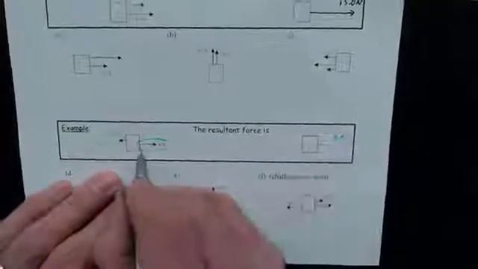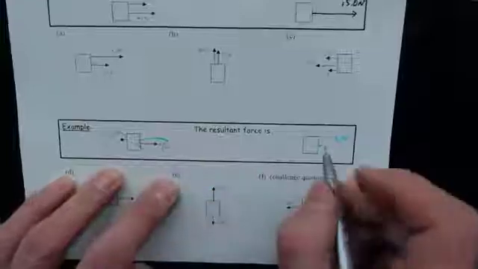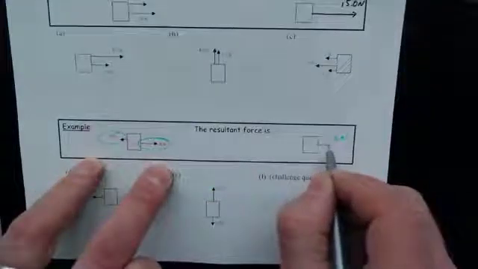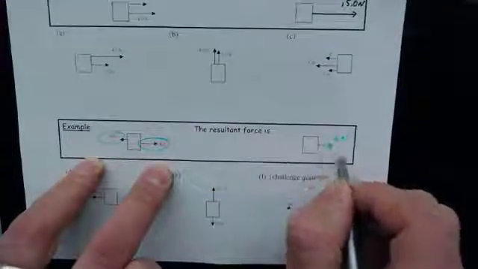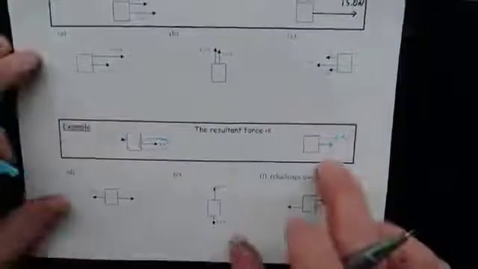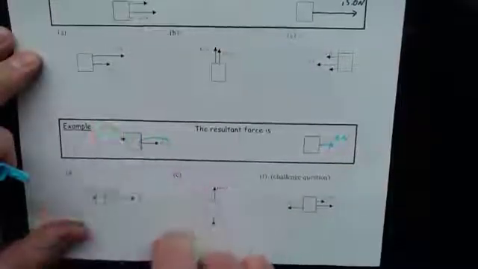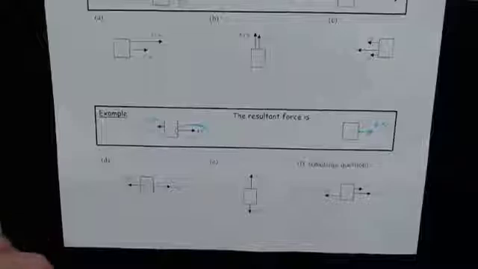And when I make the line, it should be less than the 8 newton line, but larger than the 2, right? So let's do it something like that. 6 newtons. That is the resultant force of adding those two. What does that mean?